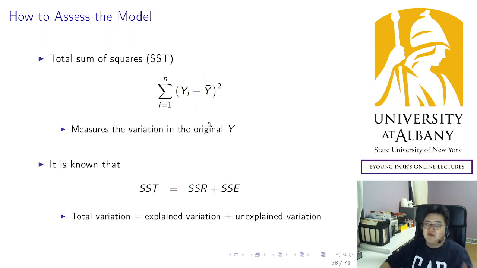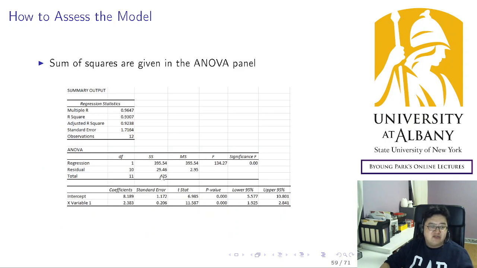Anyhow, it is a very interesting way to decompose the variation, right? And they are given here. Those are the numbers. There are three sums of squares. One is the regression sum of squares, which is 395, and the residual sum of squares, which is 29.46, and the total sum of squares, 425.